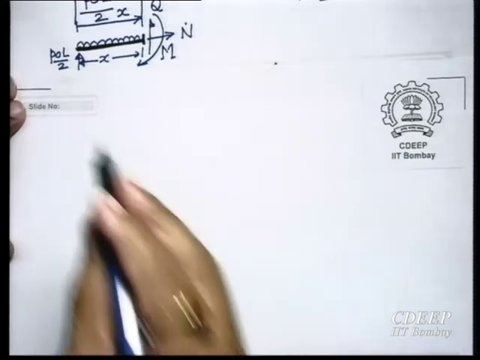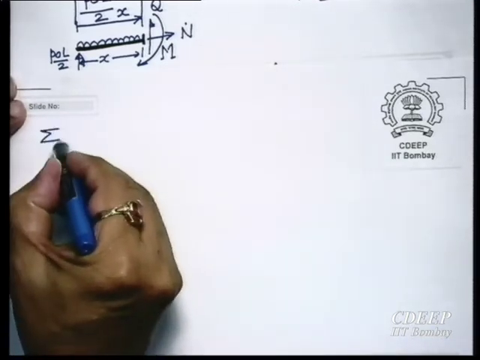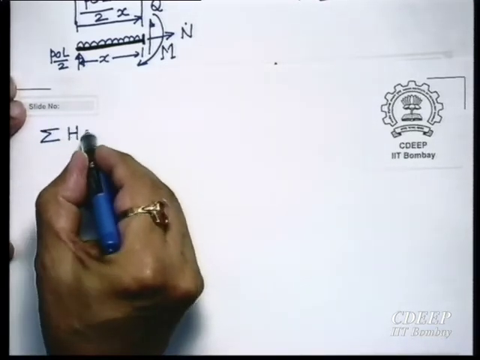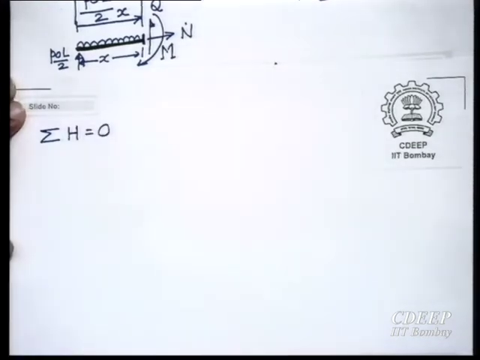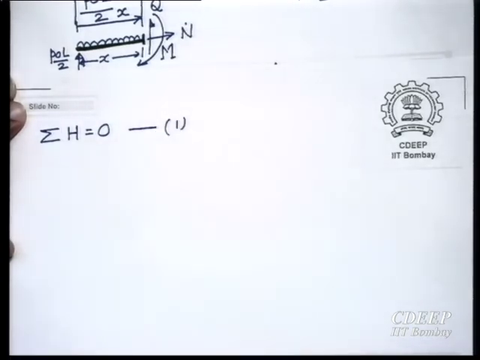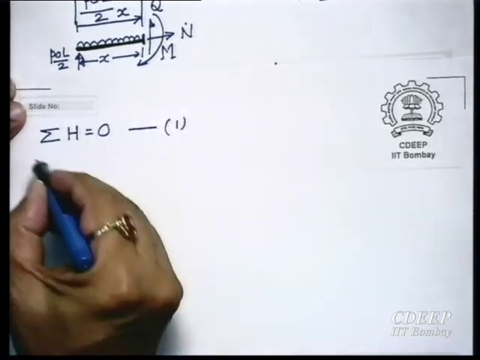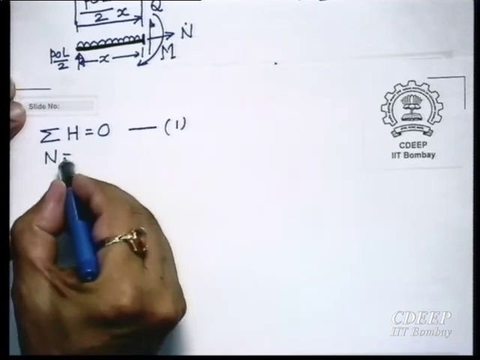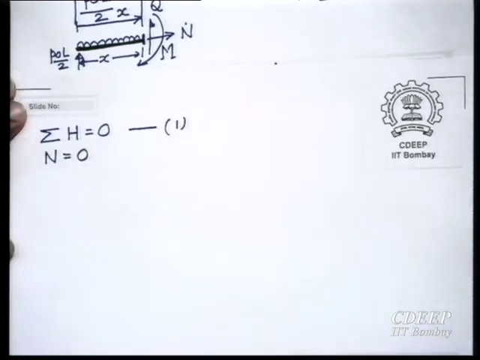Here, first, whenever you write in your notebook or exam paper, please show this. The first equation, you are taking the sum of all forces, so you get n equal to 0, because there is no other force except n.